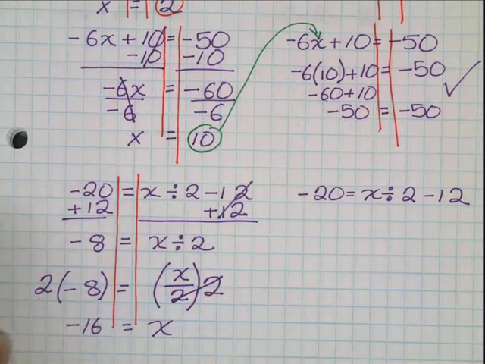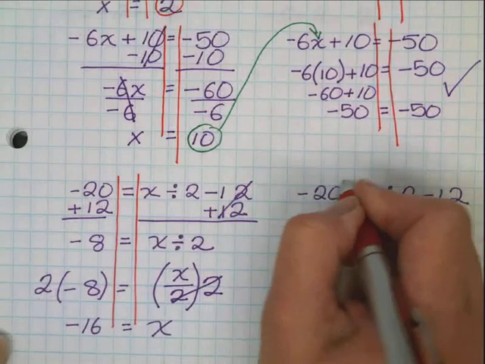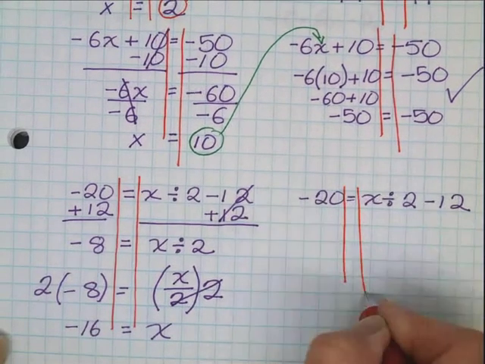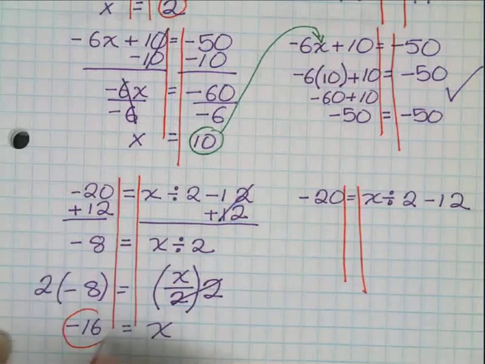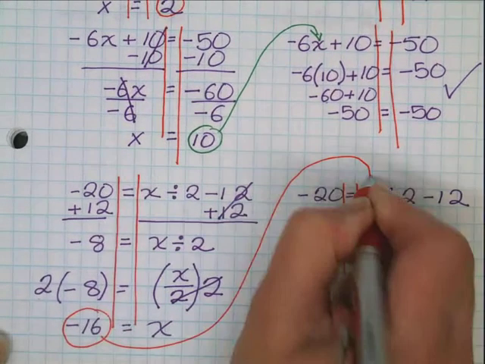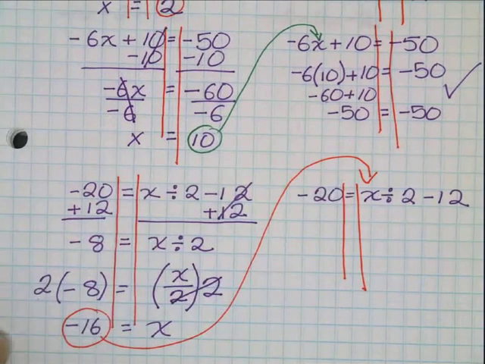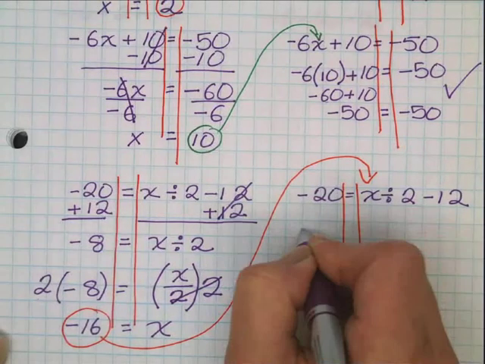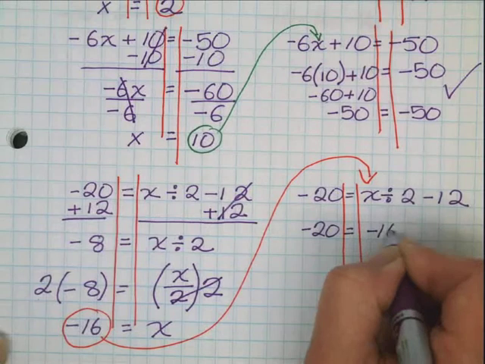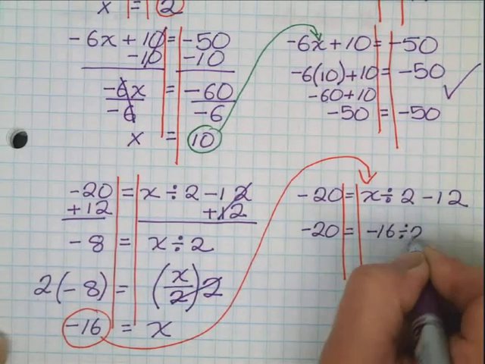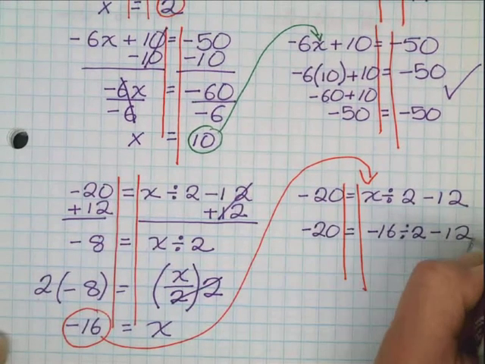Let's check this to make sure we haven't made any mistakes. Again, I draw my ladder, and I'm going to substitute in the negative 16 for the x. So now I have negative 20 equals negative 16 times 2 divided by 2, take away 12.